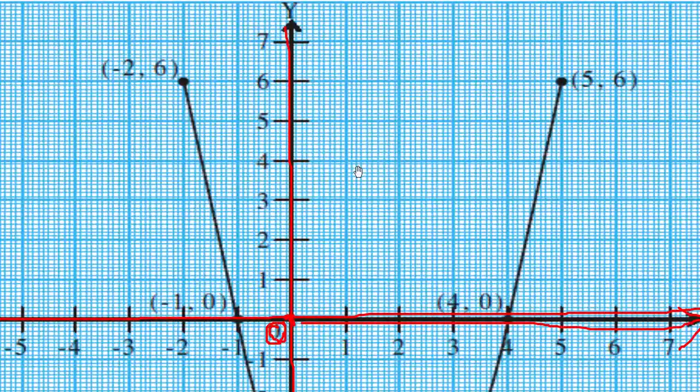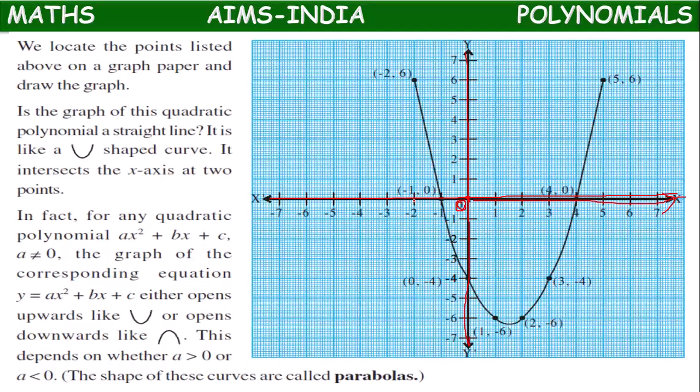Now you have to locate the points. -2 comma 6: x value -2, y value 6. So -2 comma 6, that is the first point. -1 comma 0 is on the x-axis, the second point. 1 comma -6: x value 1, y value -6, third point. 2 comma -6, fourth point, fifth point, sixth point, seventh point.